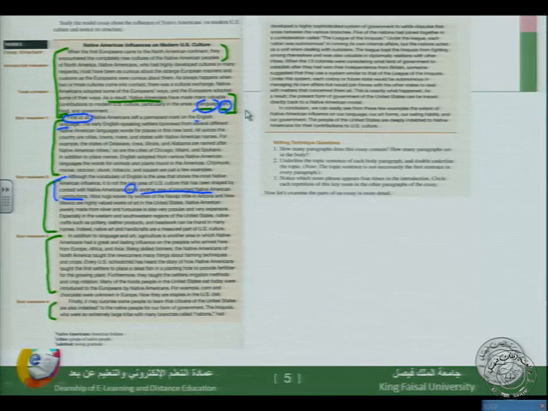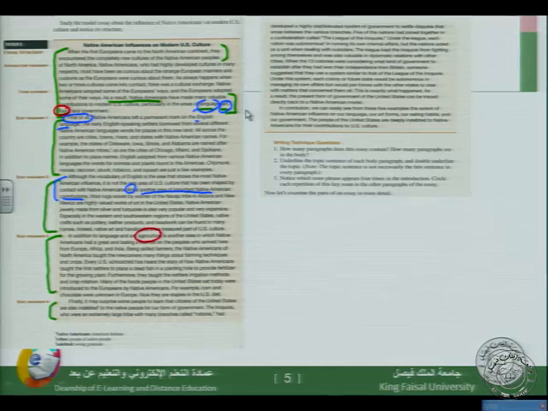Okay, and the third one, body paragraph 3, is going to talk about food. Let us see. In addition to language and art, agriculture is another area in which Native Americans have had a great and lasting influence on the peoples who arrived here from Europe, Africa, and Asia.